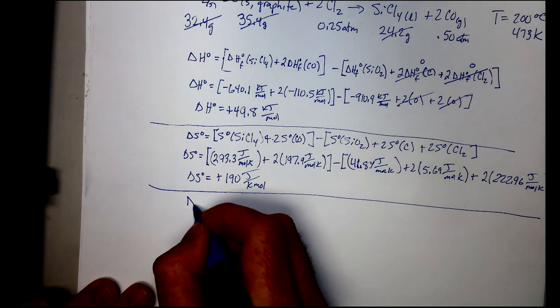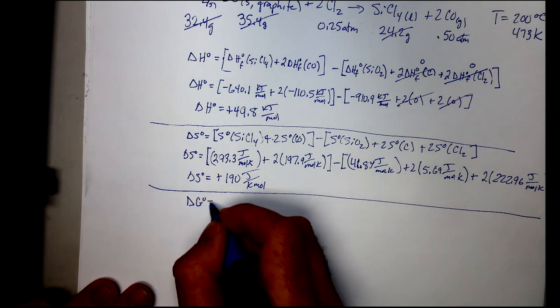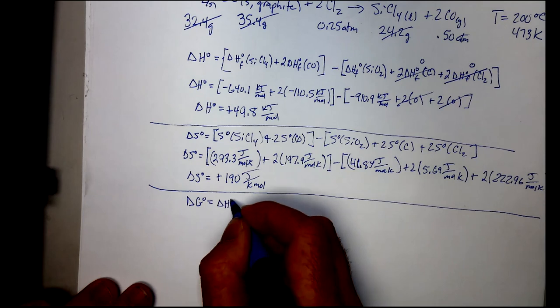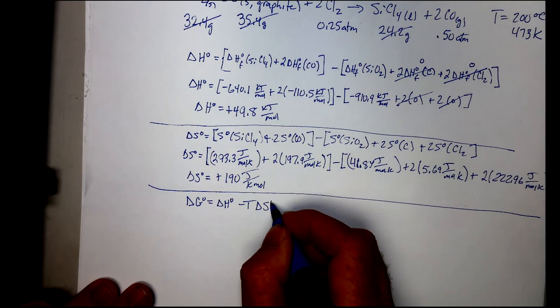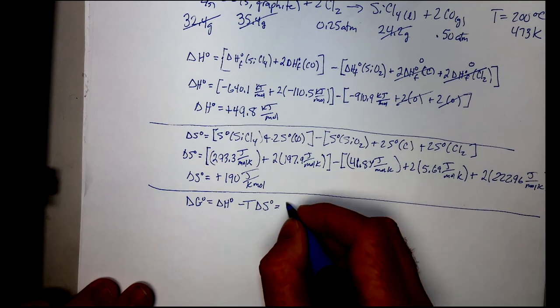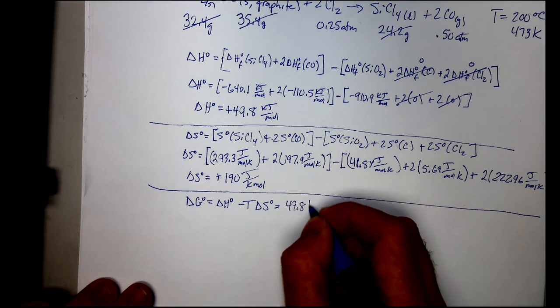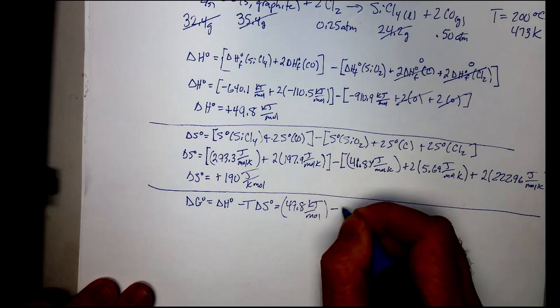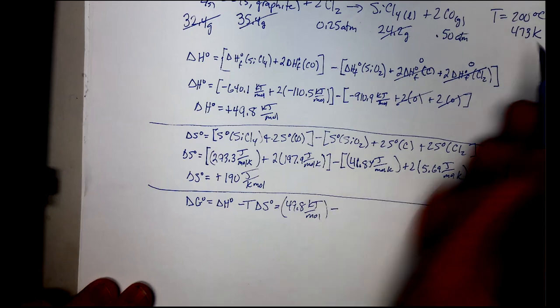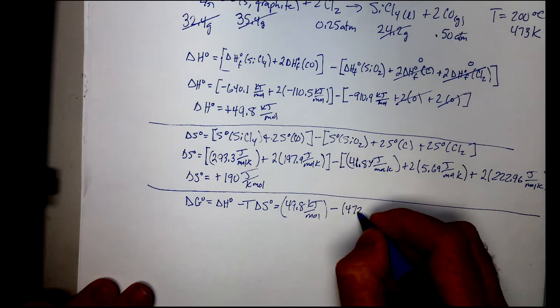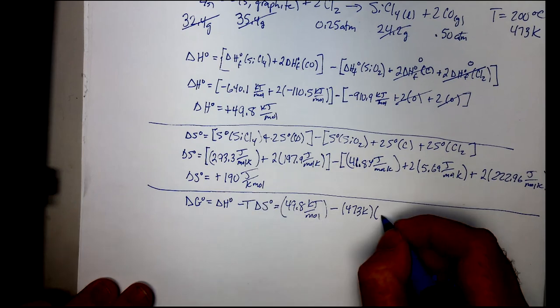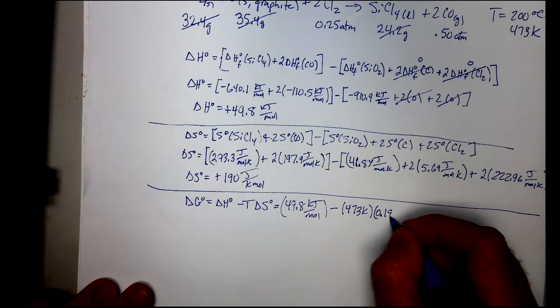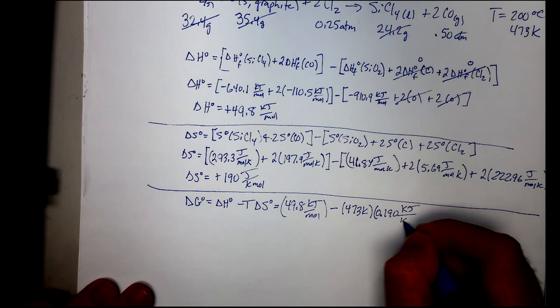So now we want to get the delta G standard, which is equal to delta H standard minus T delta S standard. So then plugging in 49.8 kilojoules per mole minus, in our case, 473 Kelvin times, now I need to get that in kilojoules so I can match, 0.190 kilojoules per Kelvin mole.